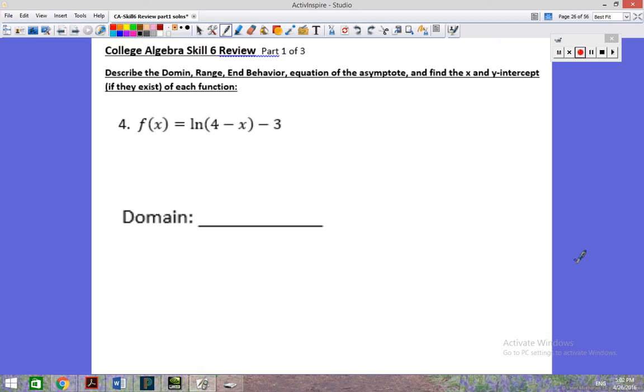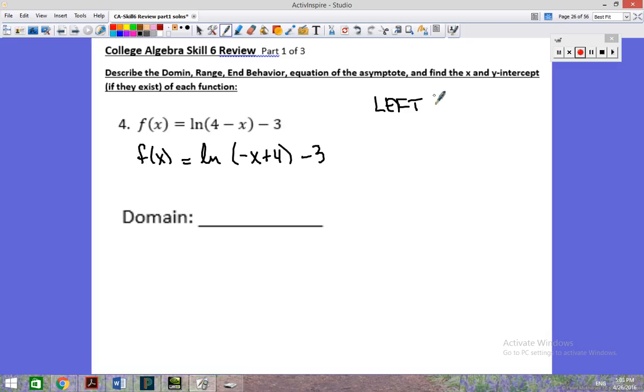Now we have a different logarithmic function, and I would rewrite this. I like to have the x coordinate first, so 4 minus x can be rewritten as negative x plus 4. Alright, so what kind of transformations are going on here? Well, the plus 4 is bizarre.